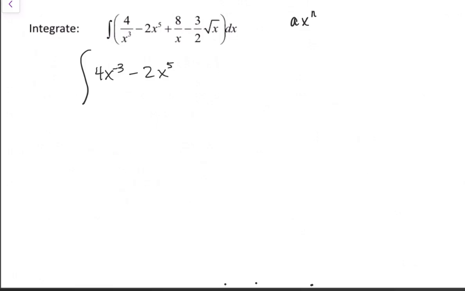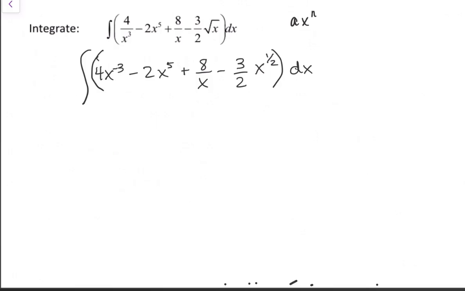So I'm going to rewrite that first before I start integrating. 8 over x remains the same. And in the last one, I'm going to take that x out of the square root symbol and give it the power 1/2. So I've just taken that function and rewritten it in a form that I prefer. So I want to integrate this.